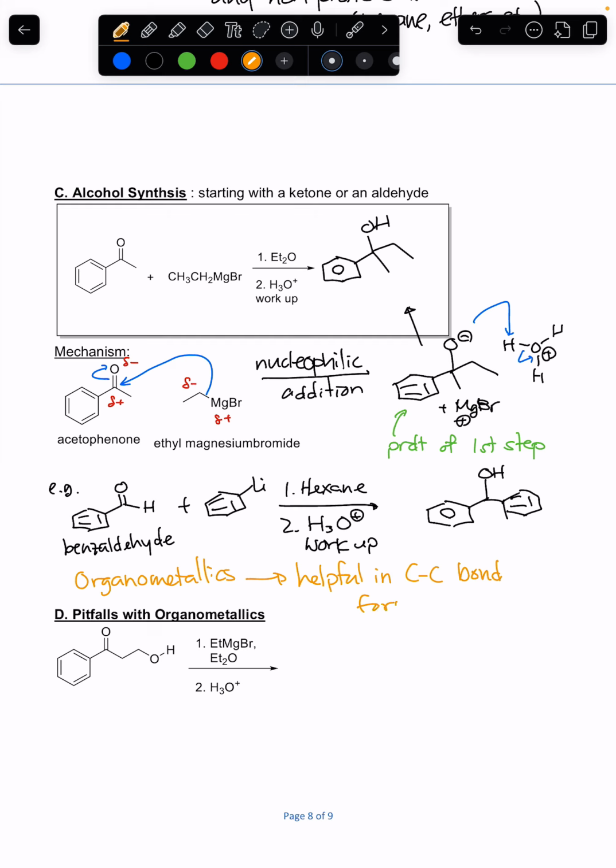Which, as you can imagine, is a very important thing in organic synthesis, because you need to make carbon-carbon bonds to make a new skeleton, new scaffold of a complex molecule that might be useful for whatever reason.